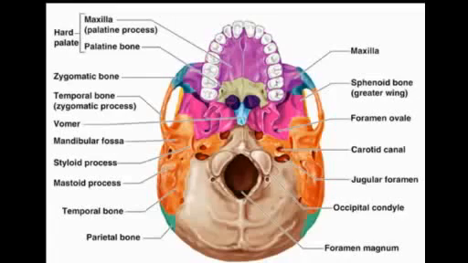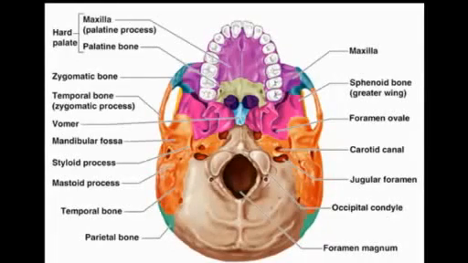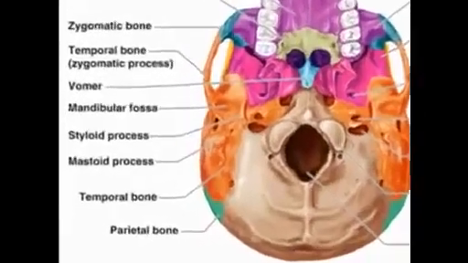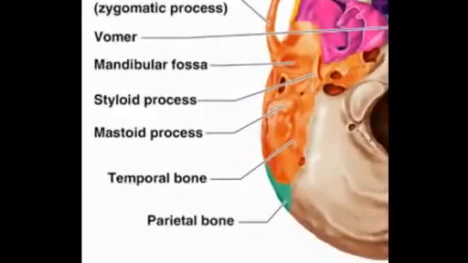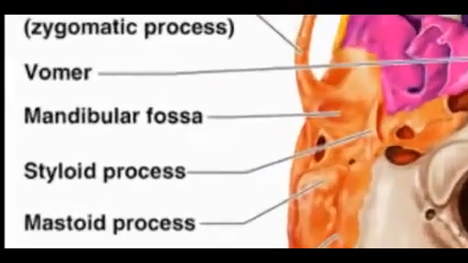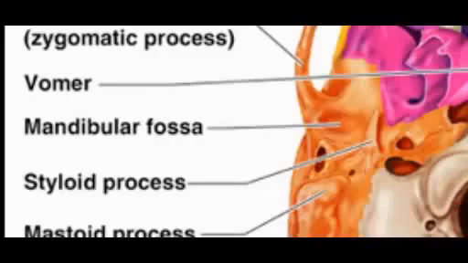Again, find on the picture what is written: mandibular fossa. This is the hole where the lower joint makes the connection with the temporal bone and the zygomatic bone.